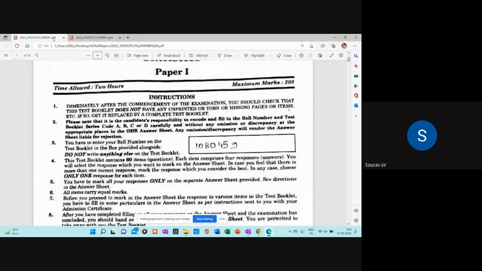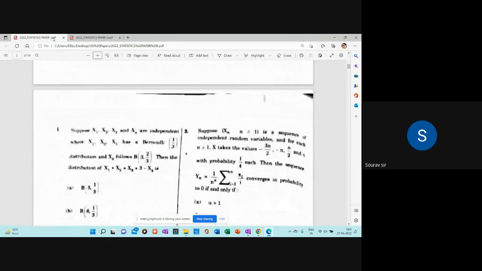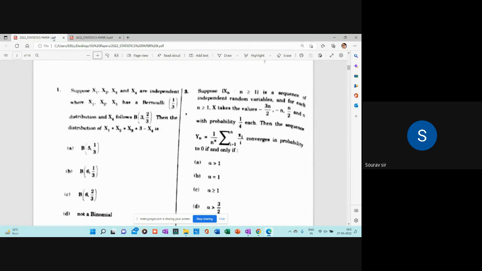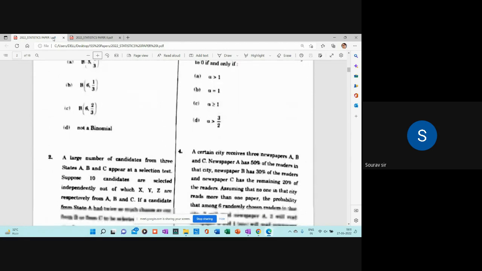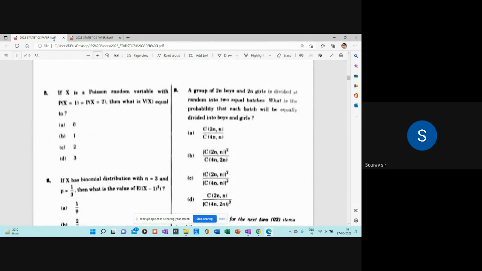Okay, so we are going to discuss a few sums chosen randomly. So let us start with this particular sum. Let me start with question number 5.